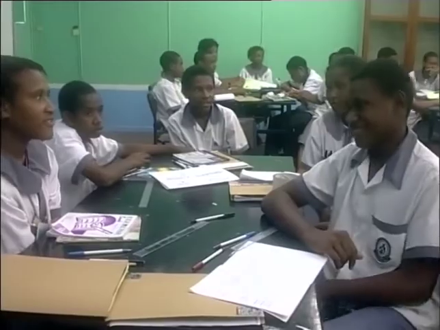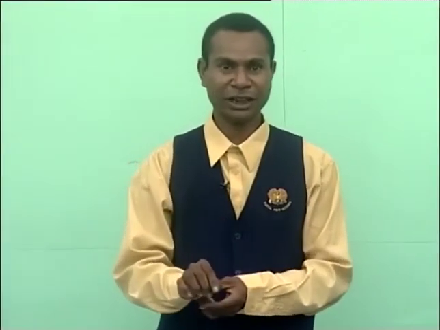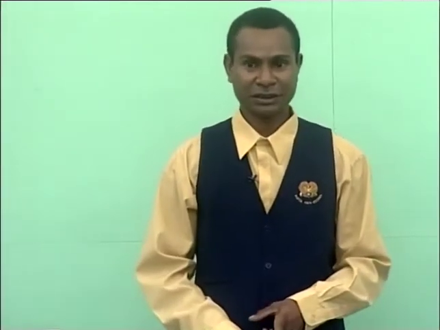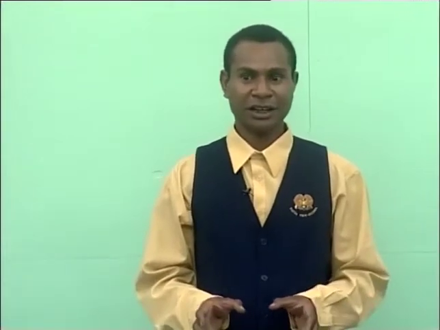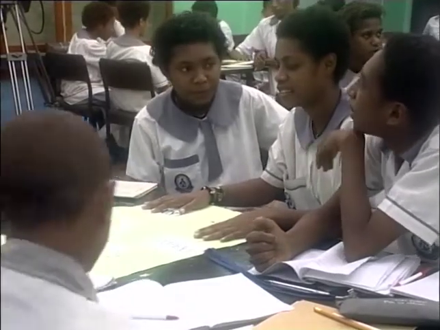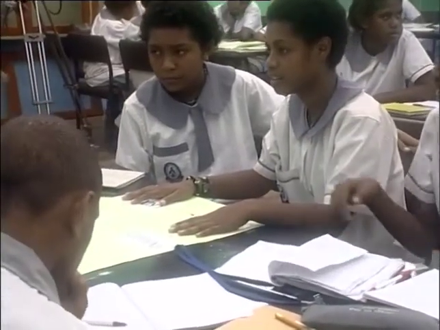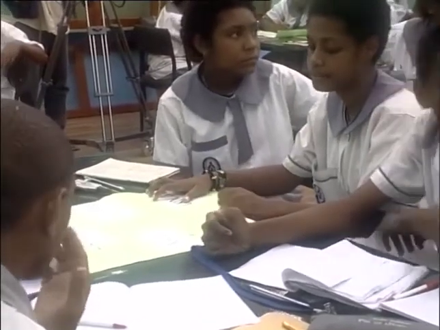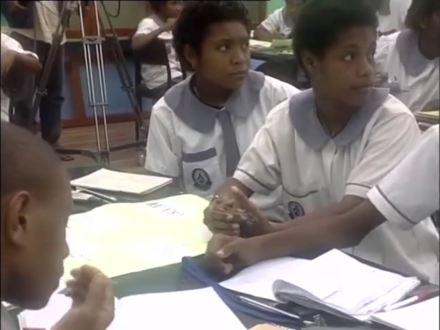Let's have a look at our food chain. Plants are producers because they make their own food. In order for animals to live and to grow, they must eat plants.